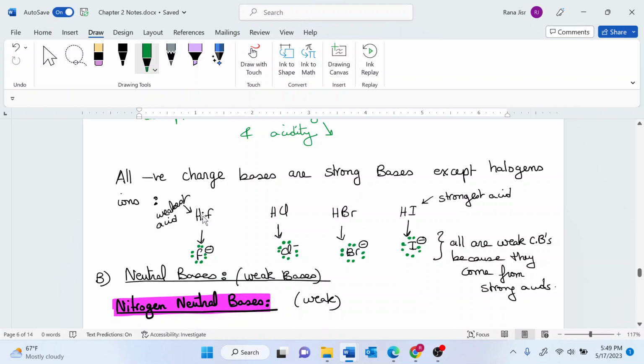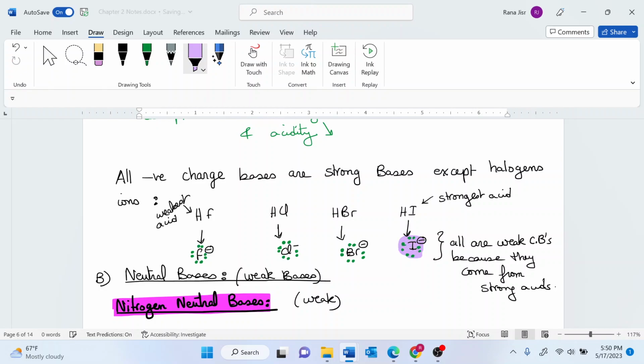Whenever you're working with the hydrogen halide acids, because of the structure of these acids and because they are extremely strong, their conjugate bases are going to be extremely weak.